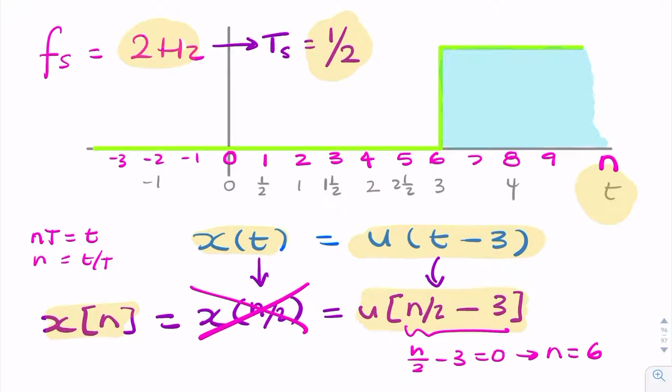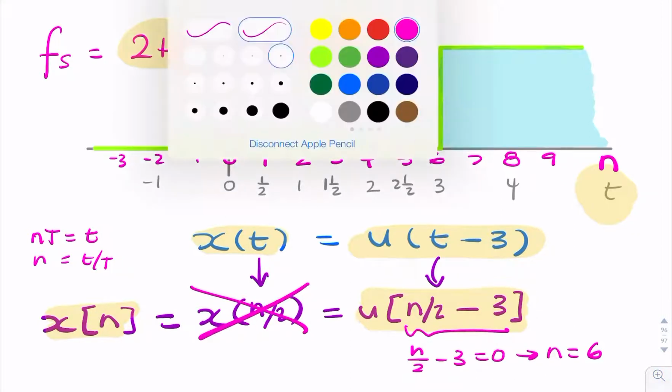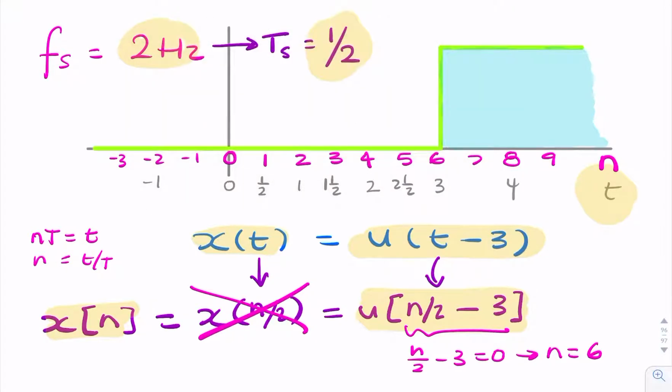And now I can represent these samples. Let me just do that. I can represent these samples as values. So it's a unit step. So all of these values from minus infinity until n equals 6, all these values should be 0. So 0, 0, 0, 0, 0.